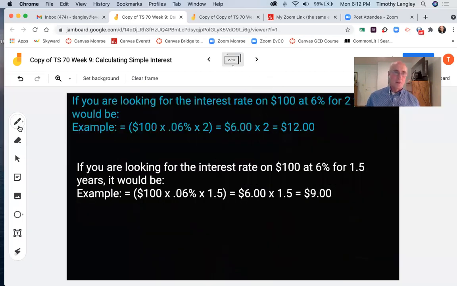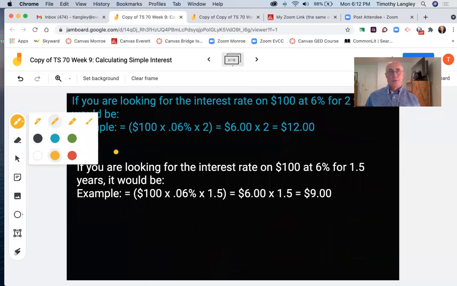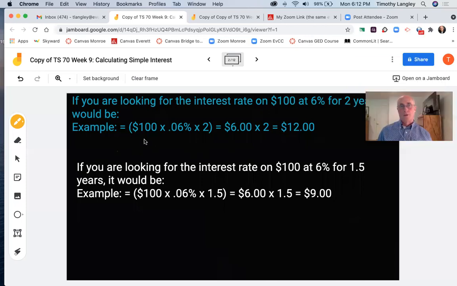Let's take a look at some of these. If you were looking at an interest rate on $100 at 6% for 2 years, it would be $100, that's the principal, I'm going to write a P here, times the rate, this is the R, 0.06, which is 6%, times the time, and this is the time, I have 2 years.